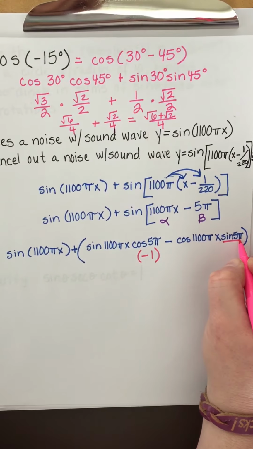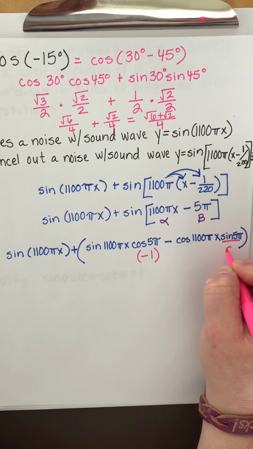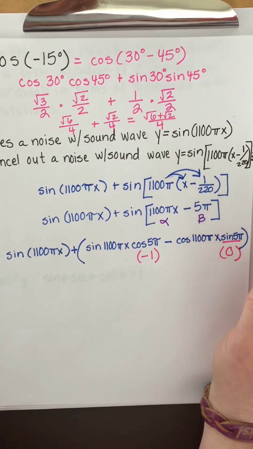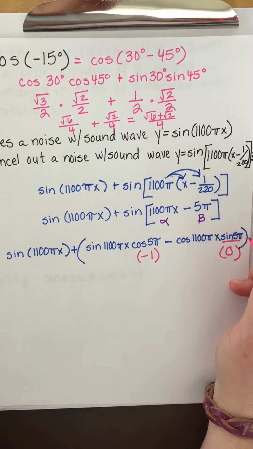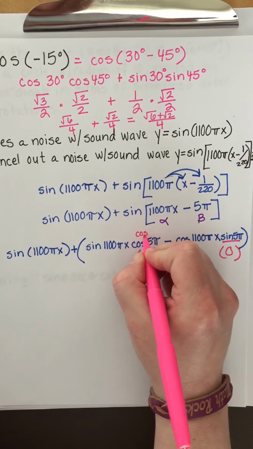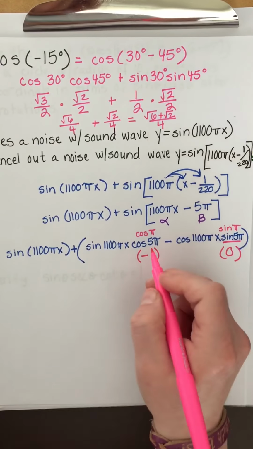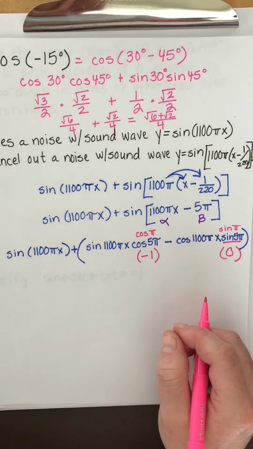I can do the sine of 5 pi. So if I go over to the sine of 5 pi, that would be 0. It's the same thing as the sine of pi and the cosine of pi, because I can take 4 pi away from both of those.